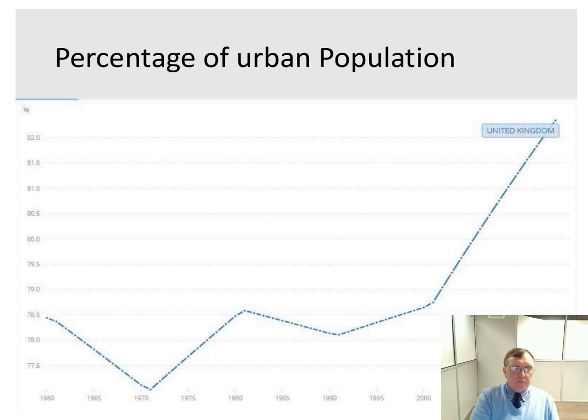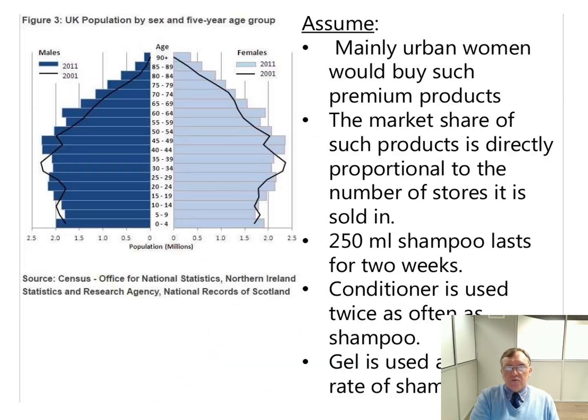Down from 78% in the 60s, going down to 76% in the 70s, coming up to 78, up to 2000, we're now at 79%, all the way up to 2010, 2015, 82%. So 82% of females coming into the store.